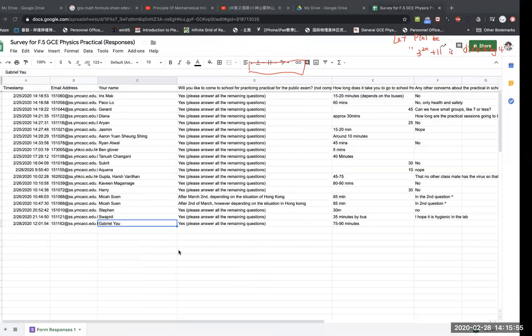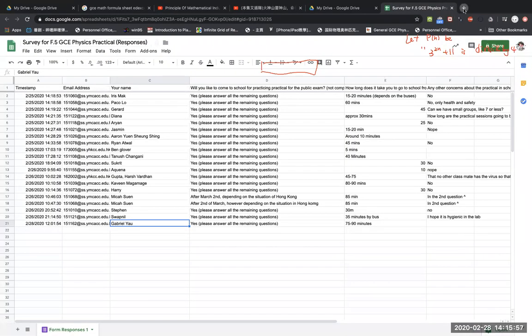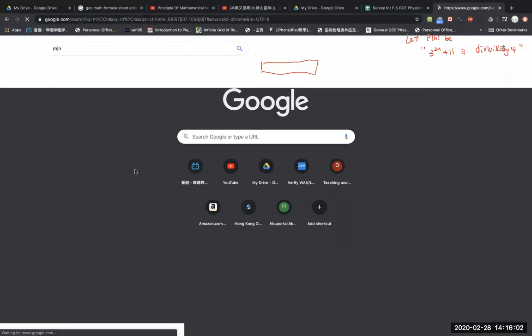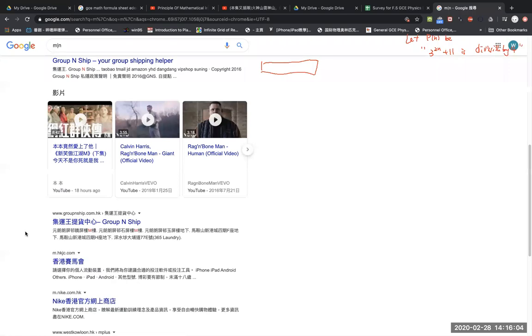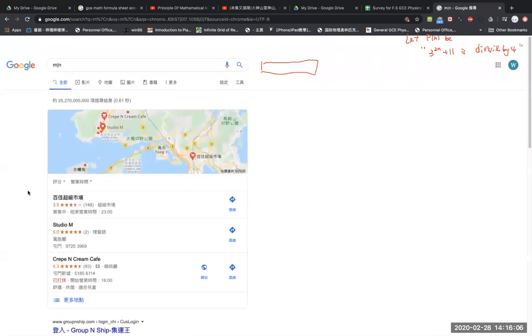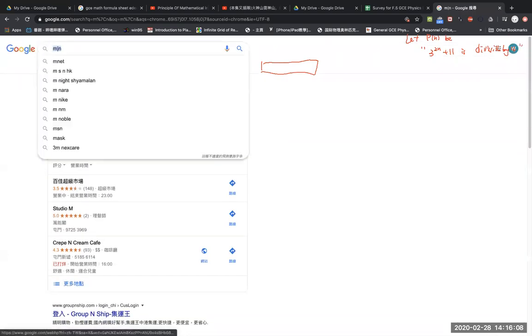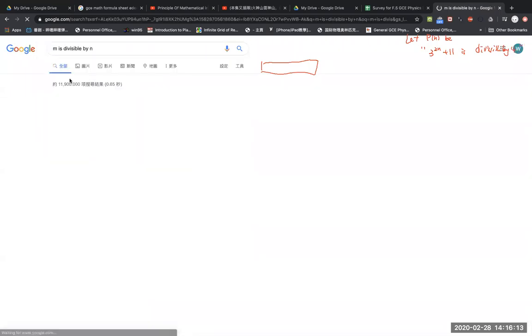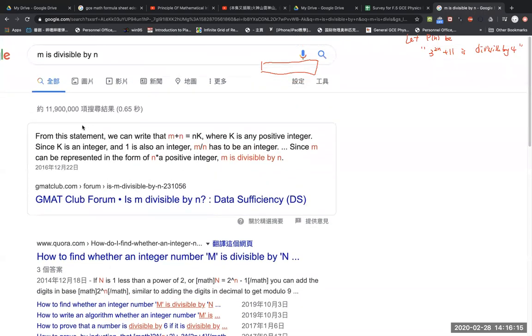If you want to be a little bit lazy, in mathematics we have a symbol.